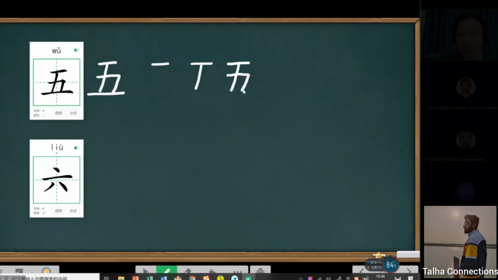So write it at a time. So you see that the last stroke is the horizontal stroke. It's quite long, right?